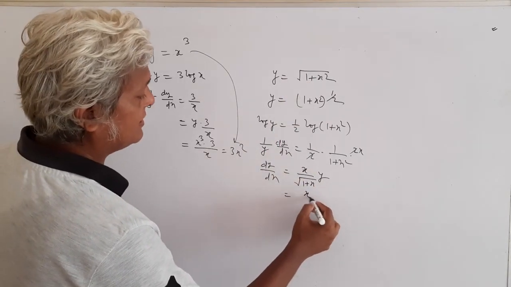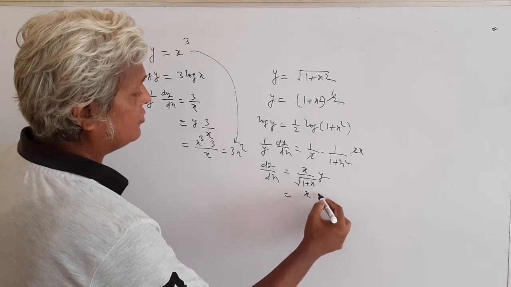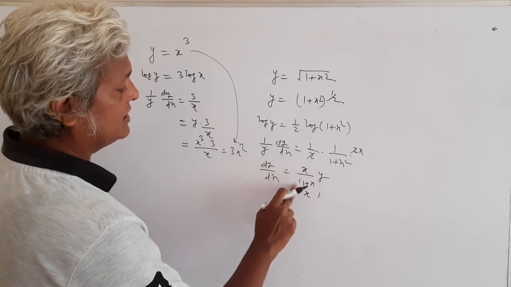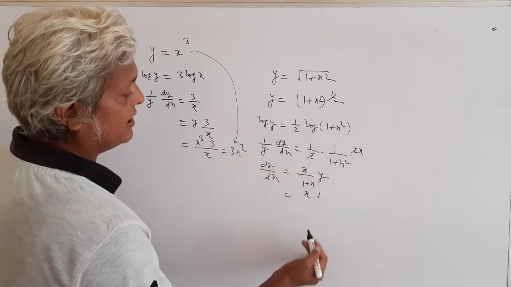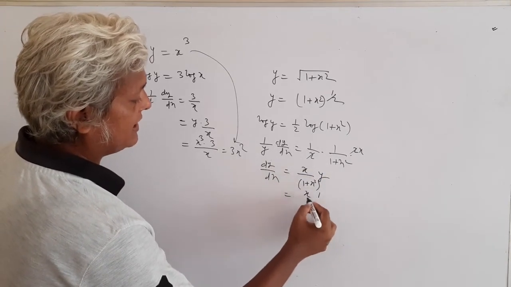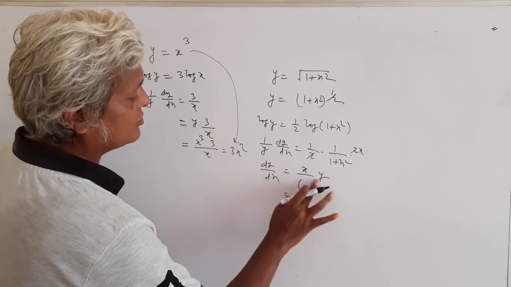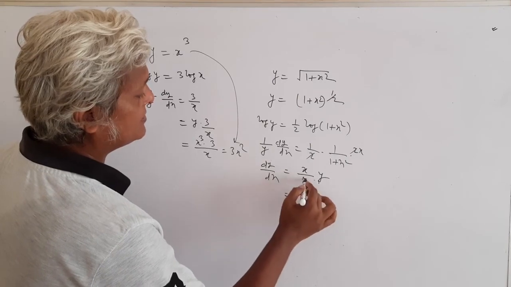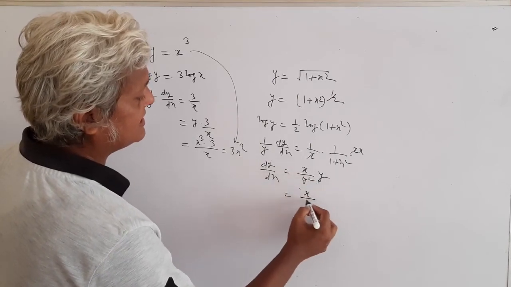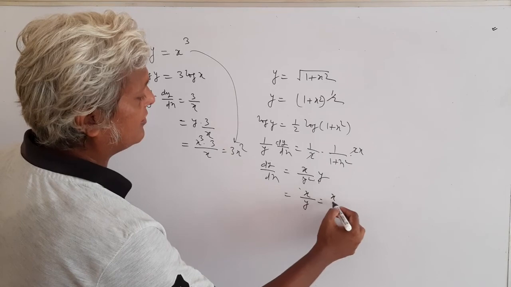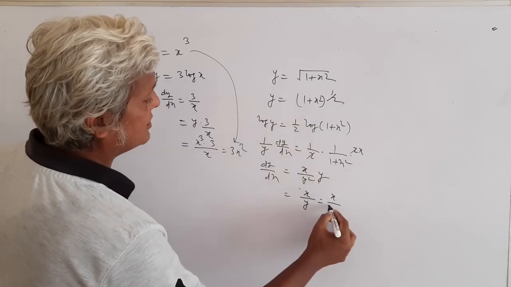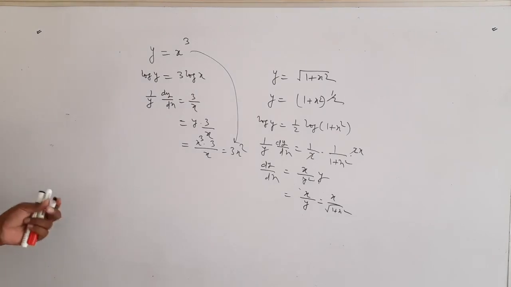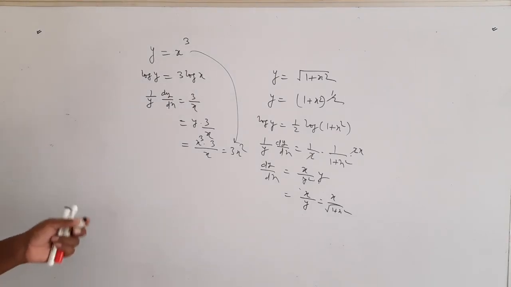So this finally becomes x into y over 1 plus x square, and 1 plus x square is y square. So this becomes y square, y cancels, it is x over y, and again you can write x over y, which is x over under root 1 plus x square.